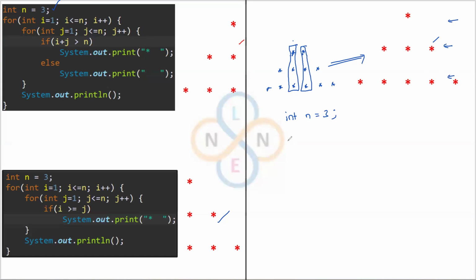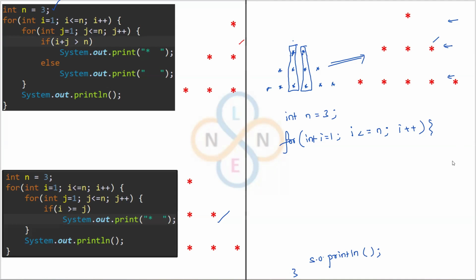Therefore, one for loop used for rows as the outer for loop has to run 3 times. And at the end of this outer for loop, we have one more standard thing, a println statement for the cursor to move to the next line after printing the first row. So there is no change here.